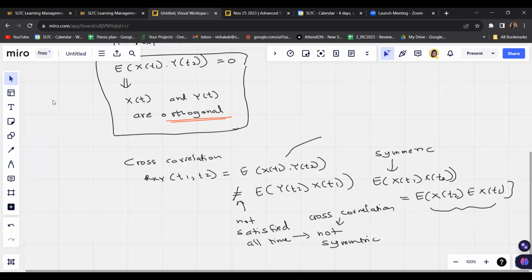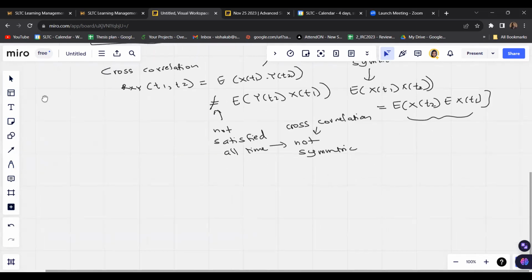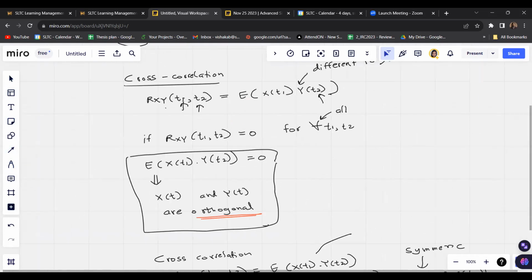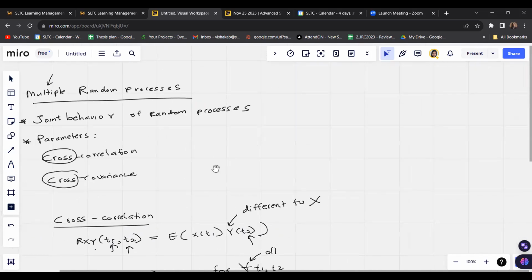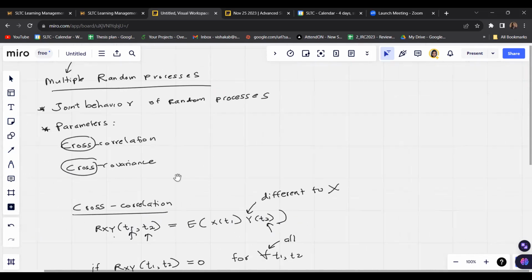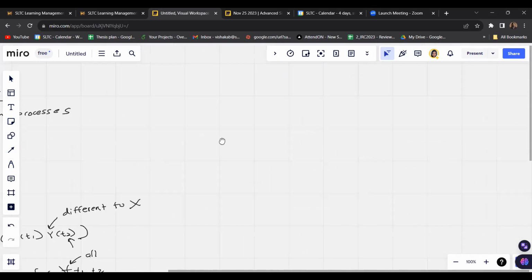Then with regard to the other statistic, which is the cross covariance, now we have to discuss the cross covariance. We were discussing multiple random variables and the cross correlation statistic. Now we are going to discuss this cross covariance.